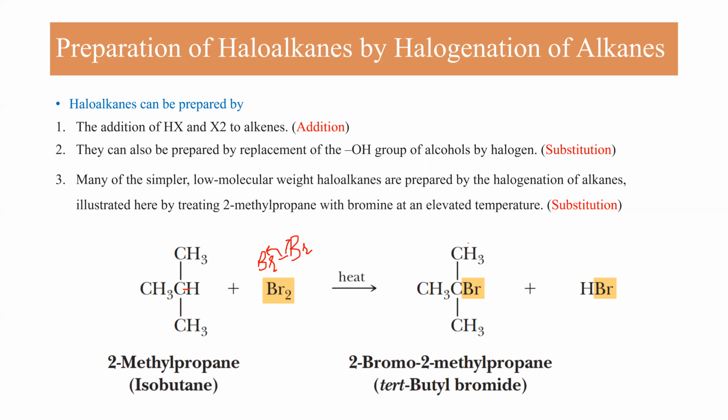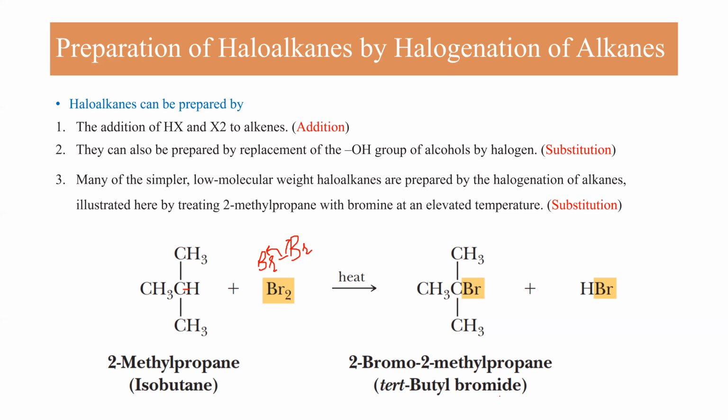So here, if you name this compound, because now the compound has changed, that hydrogen from the alkane has been replaced with the halogen. So what will be the name of that compound? This is the 2-bromo 2-methyl propane.